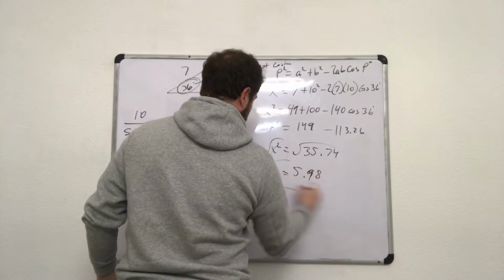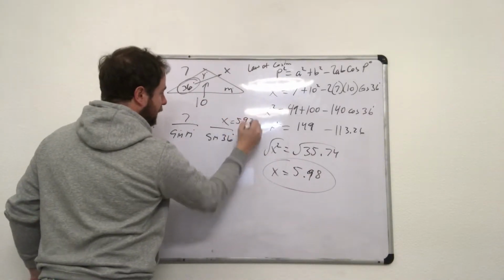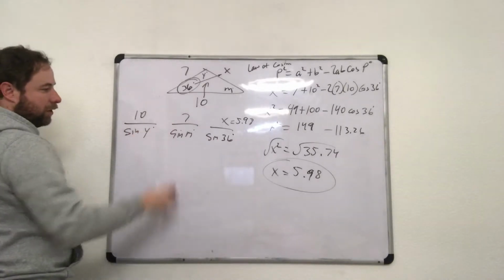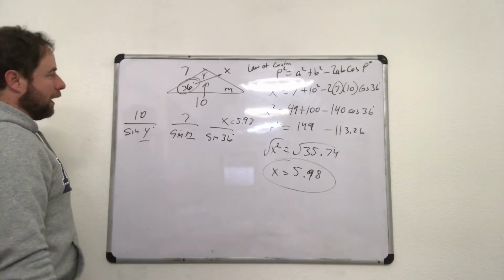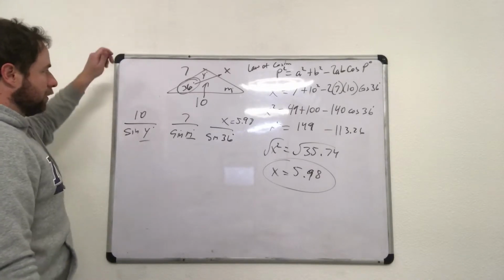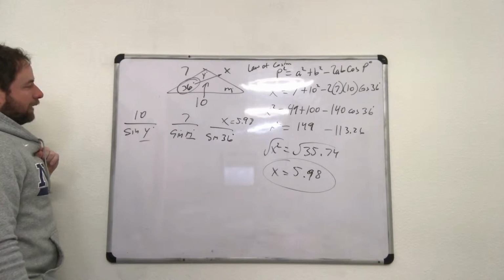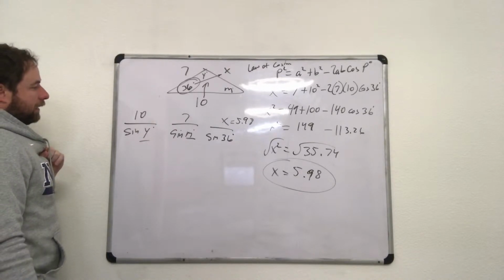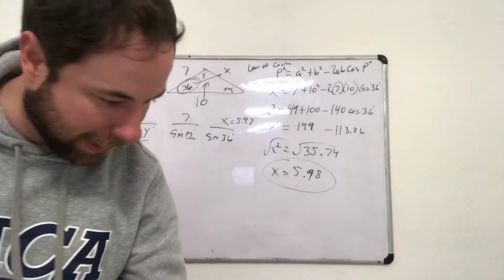Now, the one thing I do want to point out, okay, so we have now x is 5.98. Now that we have our pairs, we can use law of sines to solve for m and y. Let me throw the answers up there for you guys.